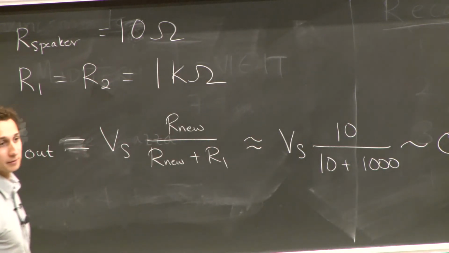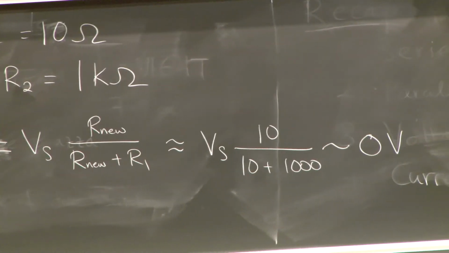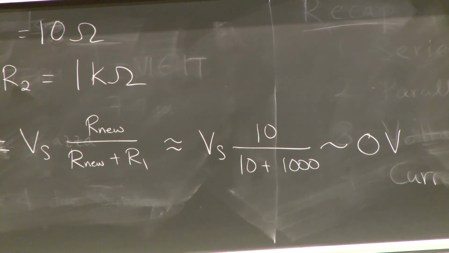So I've taken my circuit, I wanted to divide my signal by 2, and instead I just got rid of it entirely. There's no signal. I can't hear anything. So what do I have to do with my resistors R1 and R2 if I want this circuit to work? I want to divide by 2. That's my goal, suppose.